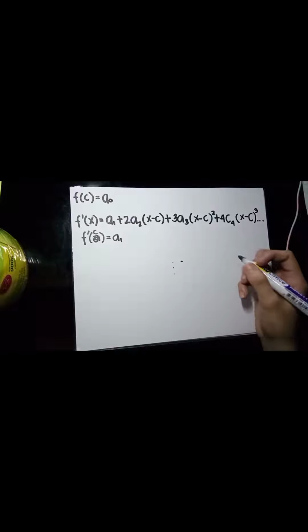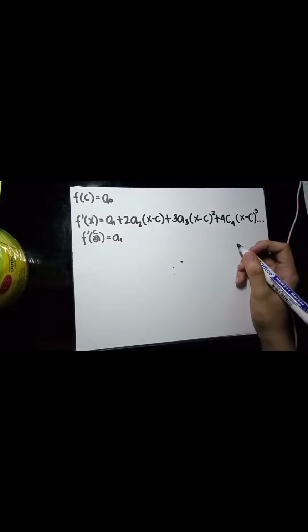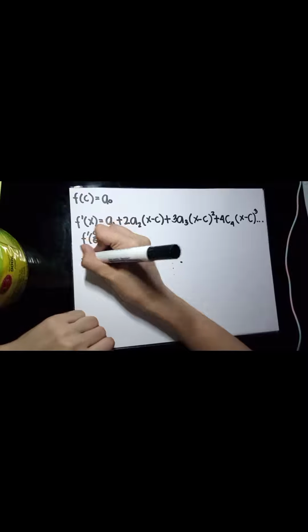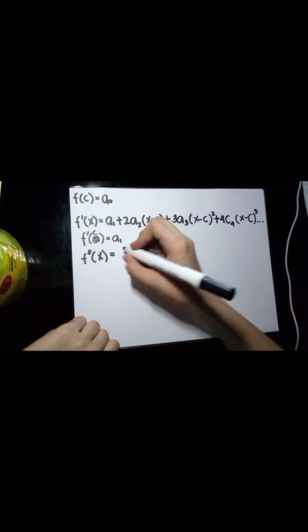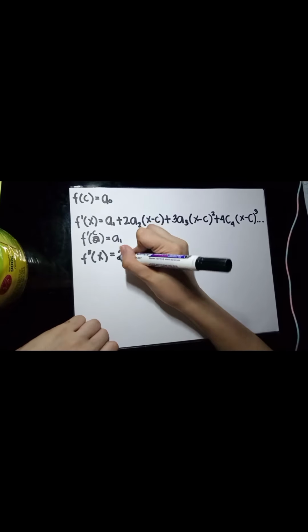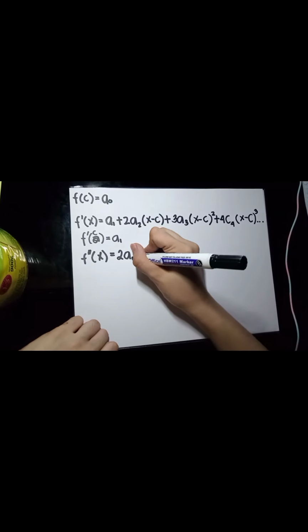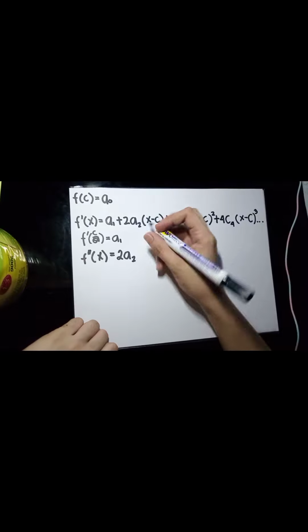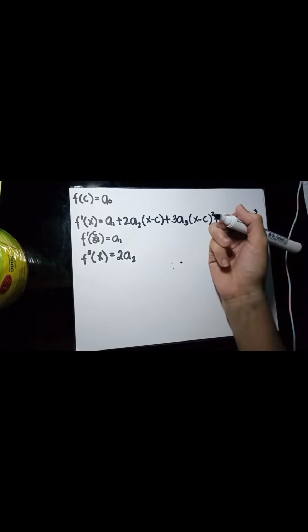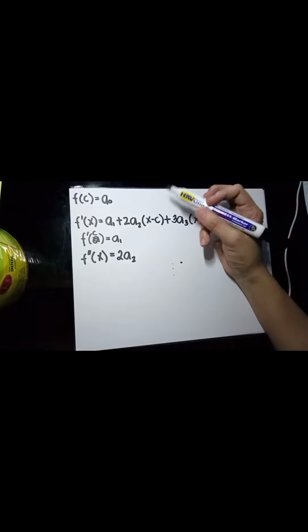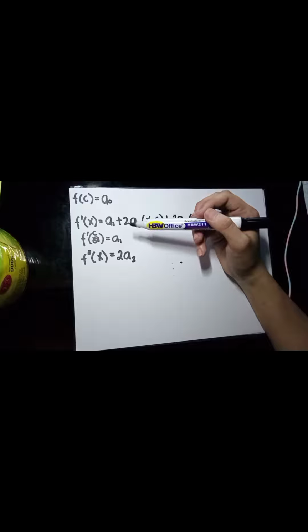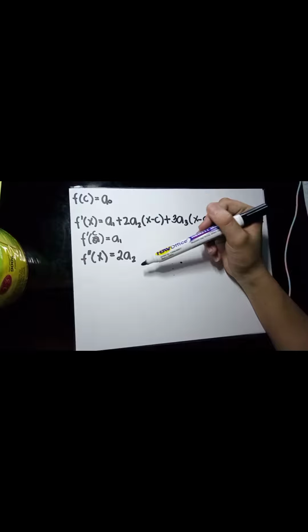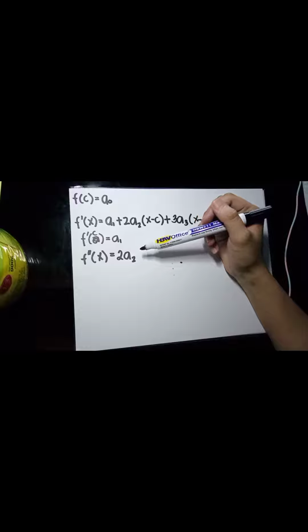So let's go back to the expression for the first derivative and take the derivative again. The a1 goes away and this term becomes 2a2.